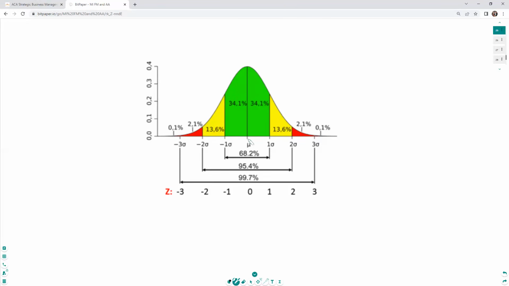So for example, if we took the height of females, perhaps the mean, I'm just guessing here, would be 5'6" or 5'7". If you took everybody's height and plotted it along, then most people will be in and around this.